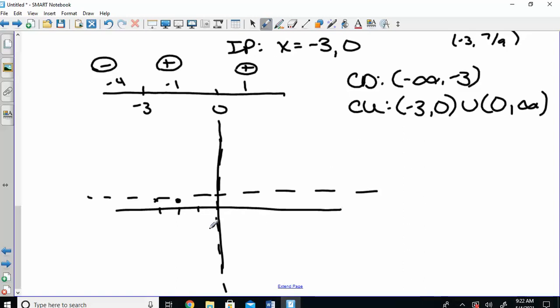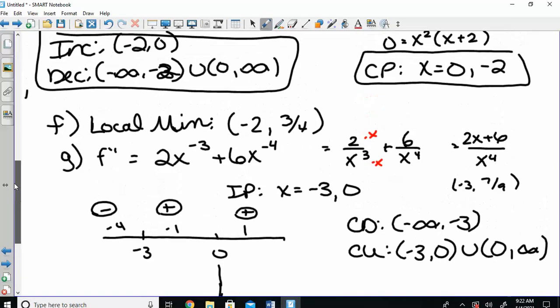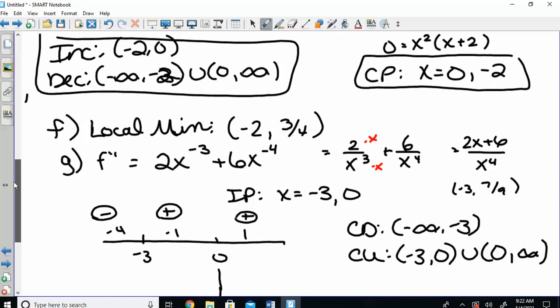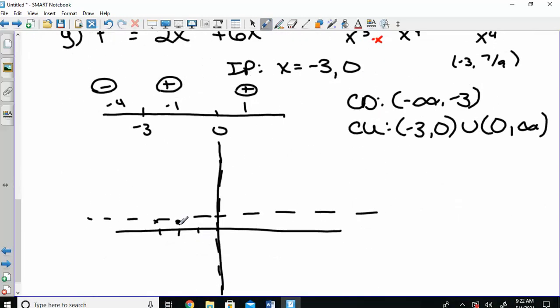If you use your calculator to fill it in, but we don't even need to because we have everything. We know that we are decreasing until we get to this point. We know we are concave down. So decreasing but concave down kind of looks like this. Then we're concave up, but still decreasing.